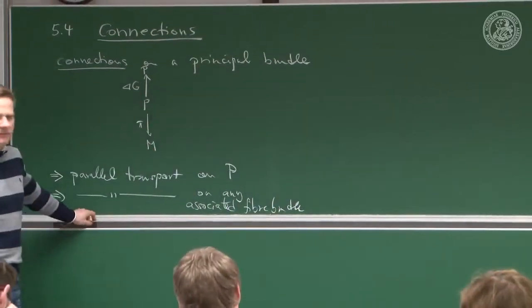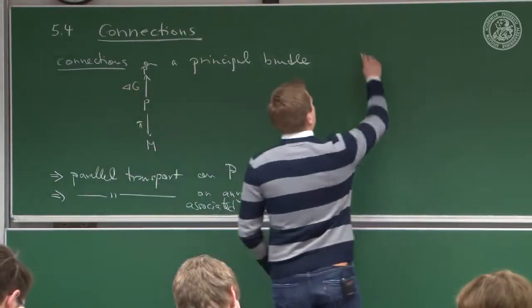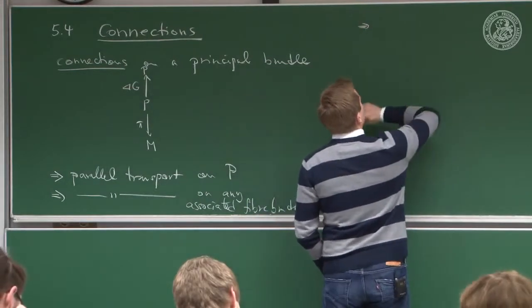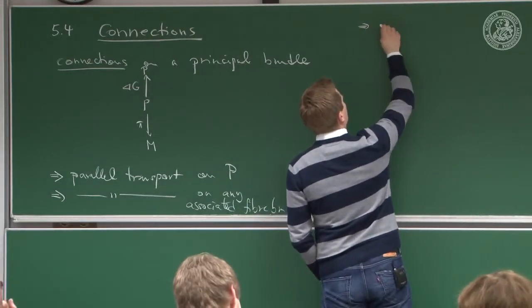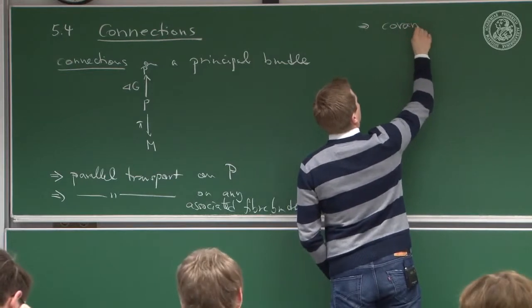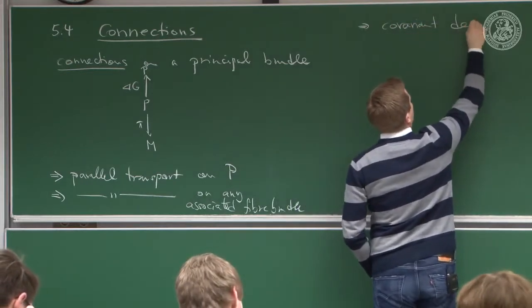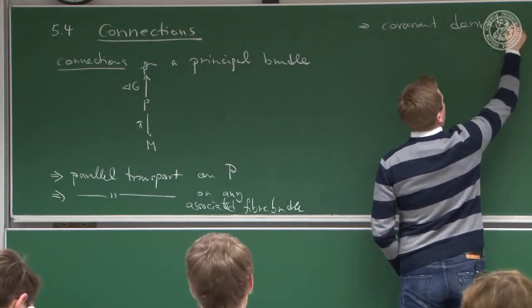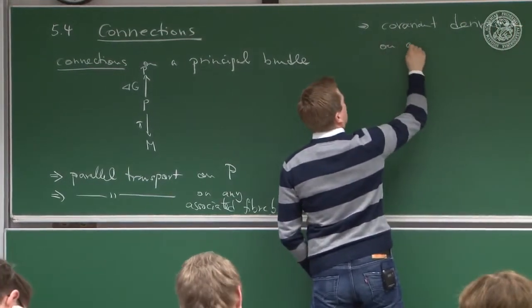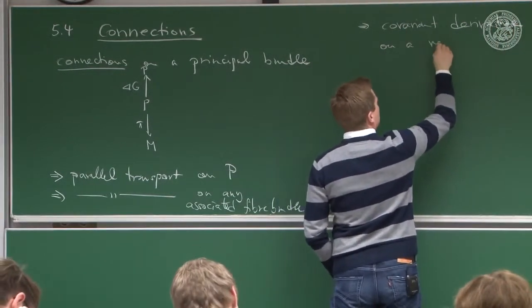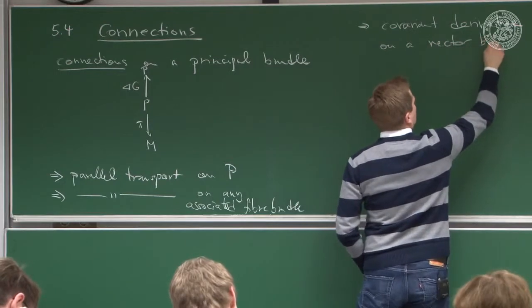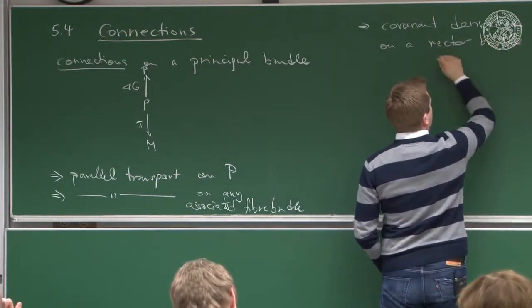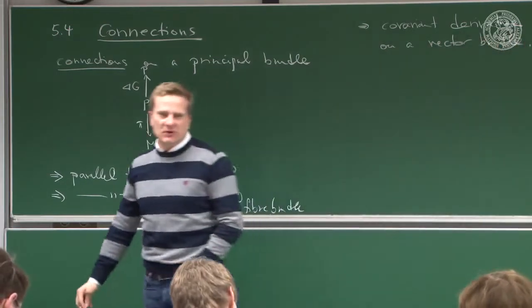Then there is a very special case: if the fiber bundle is actually a vector bundle, where the fiber carries a vector space structure, then it can be used to define a covariant derivative.